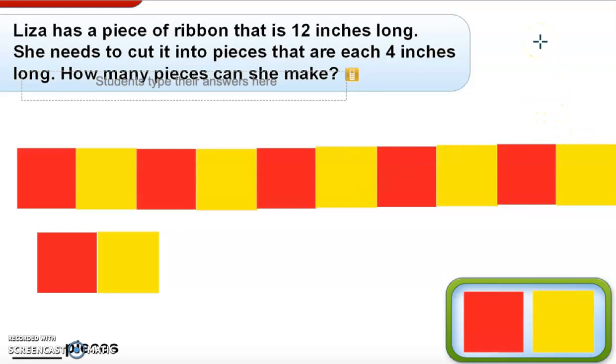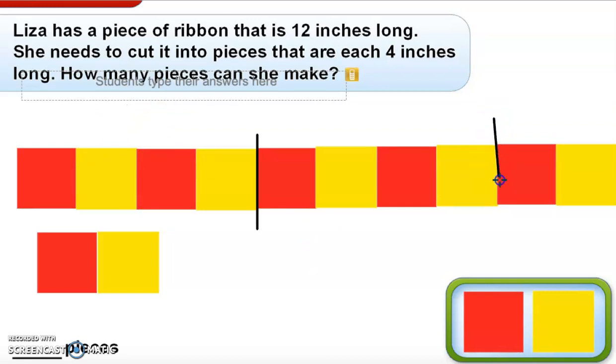And so remember, we use tiles that are 1 inch long each. So if she wants to cut it into 4-inch pieces of ribbon, then we can simply put a line in between every 4 tiles. So 1, 2, 3, 4, and then we can make a line like this. Okay, so that would be 1 4-inch piece of ribbon. Let's see if we can do any more. 1, 2, 3, 4.